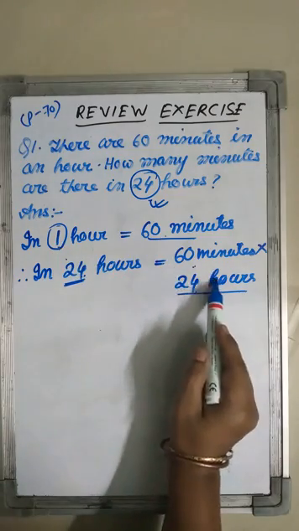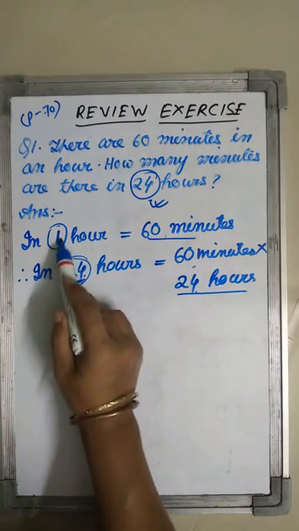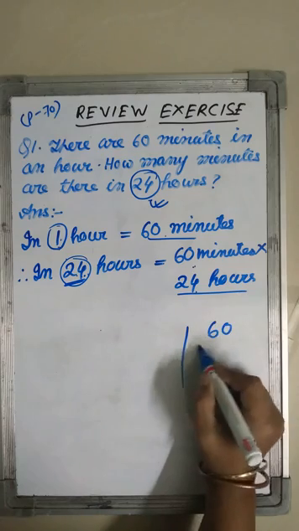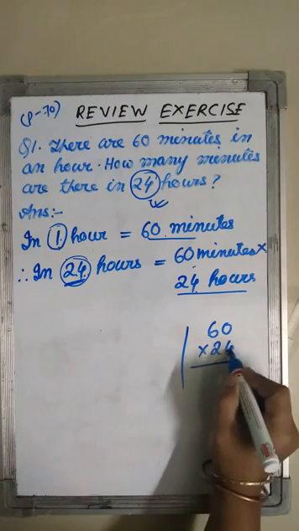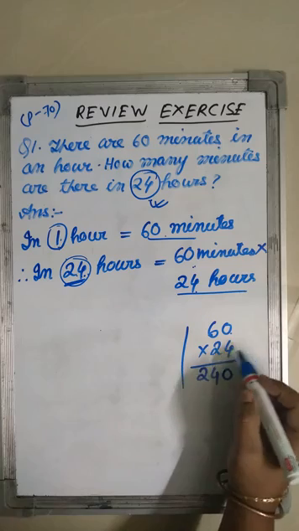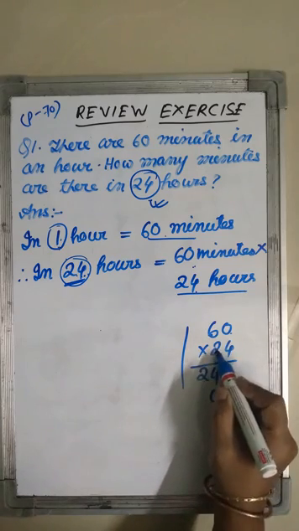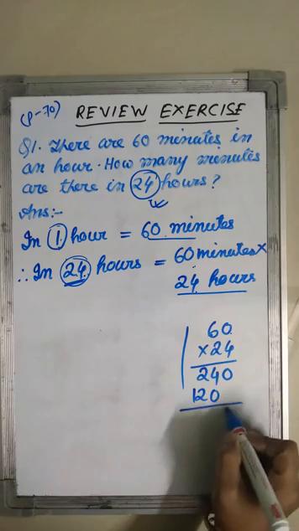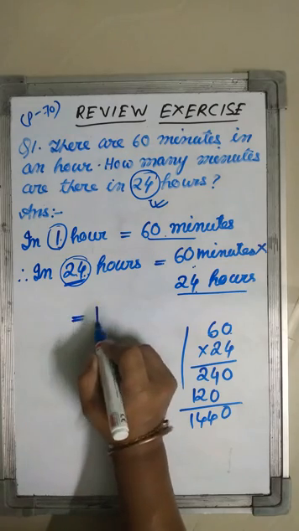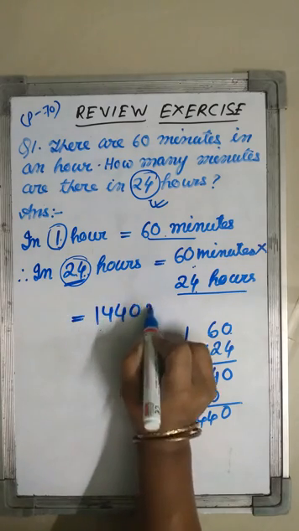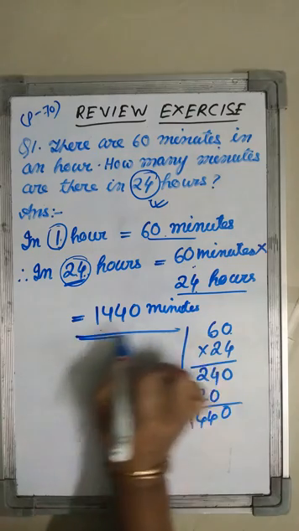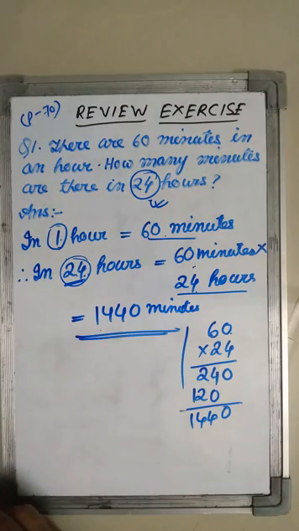In our rough work, 60 into 24: 4 zeros are 0, 4 into 6 is 24, then 2 into 6 is 12, so it is equal to 1440 minutes. This is the answer for question number 1.